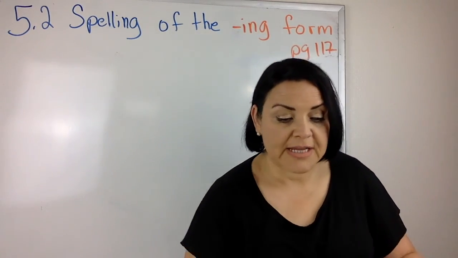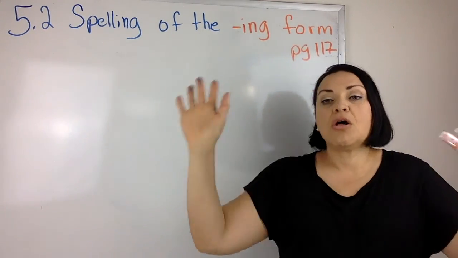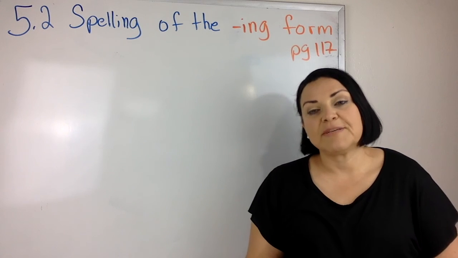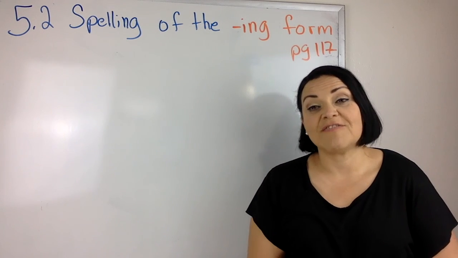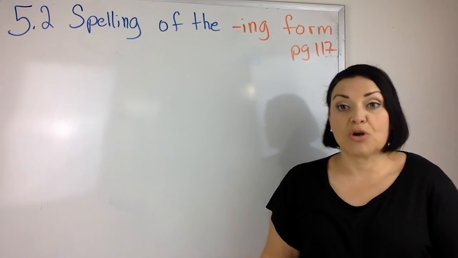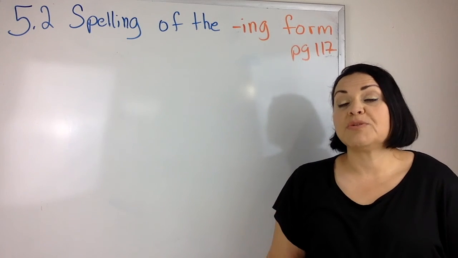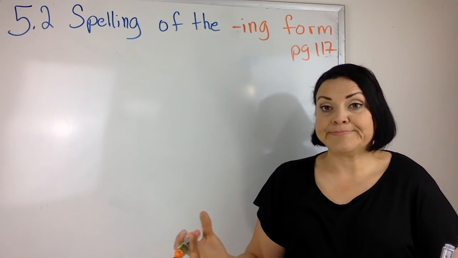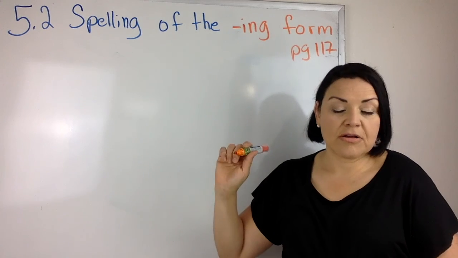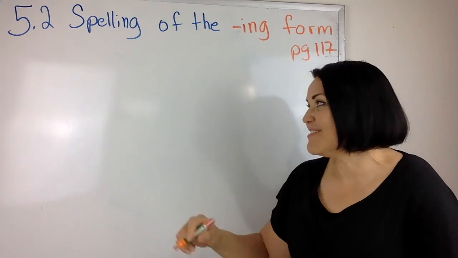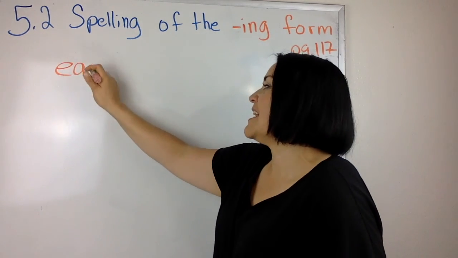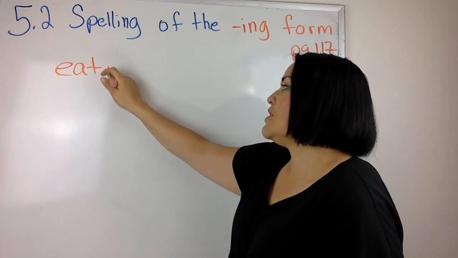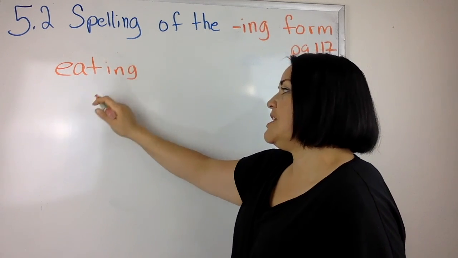For a large part of our vocabulary, not all of it, all you need to do with verbs is add ing. So we have a word like eat, you would just add ing.